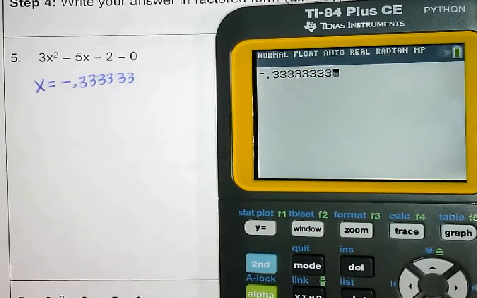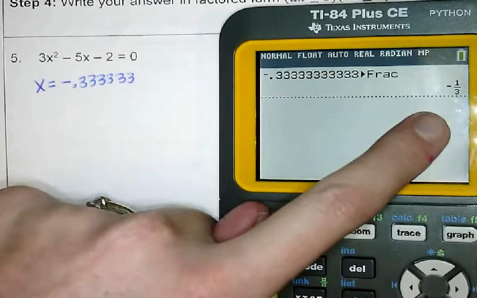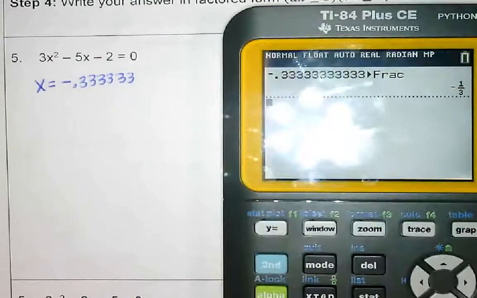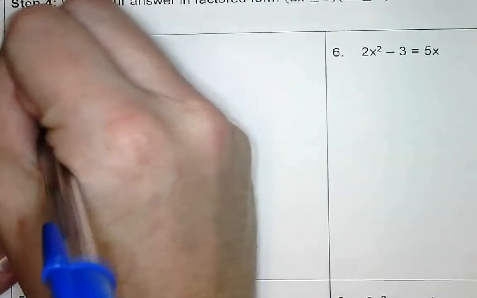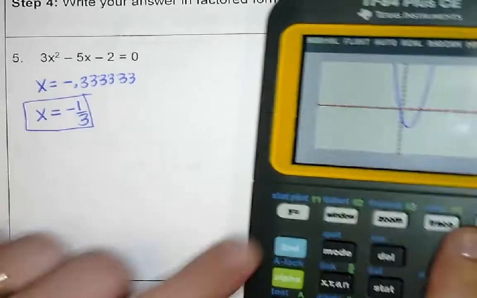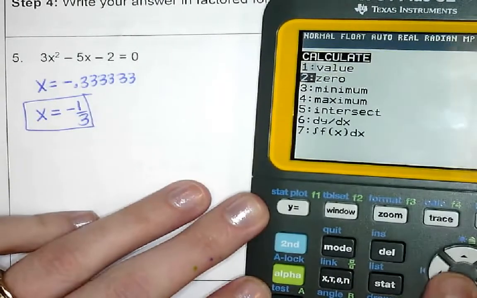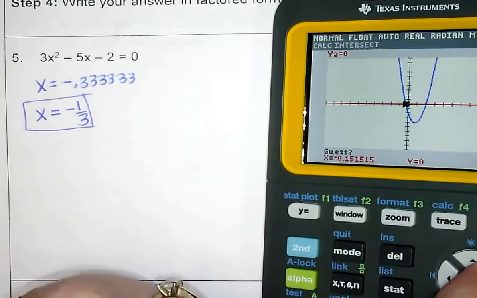That is one of my solutions. Do y'all feel good about that? Now my other solution, second trace, looks like a whole number. First curve, second curve. My intersection is at 2, 0. So x is equal to 2. So I have 2 solutions. Do y'all feel good about that?